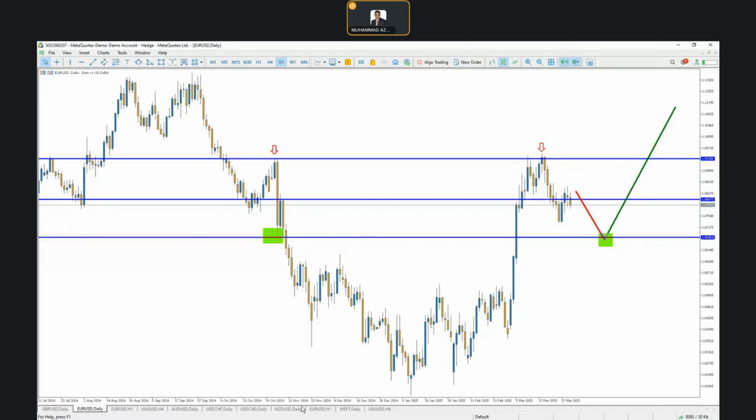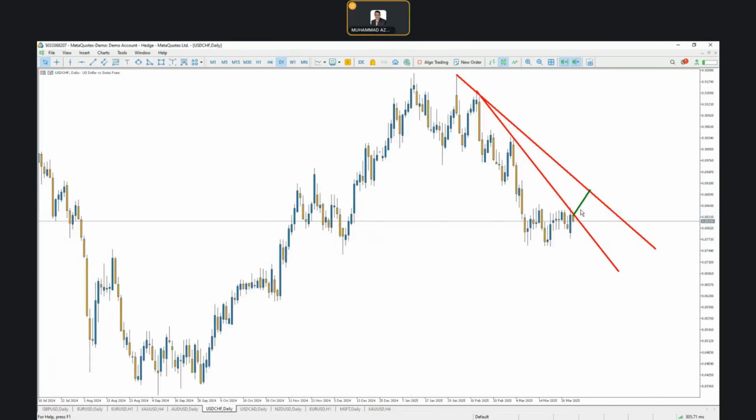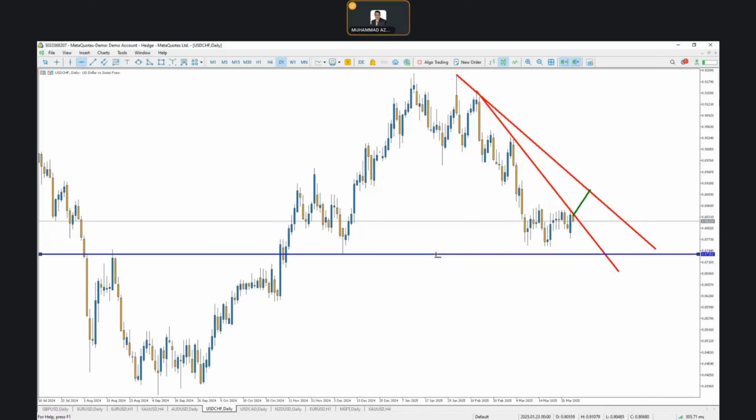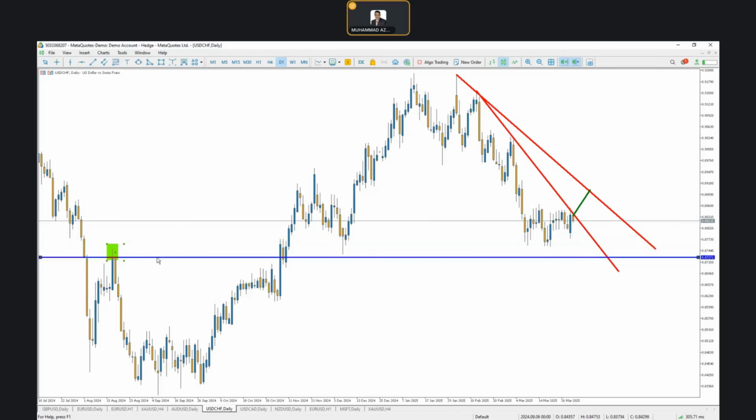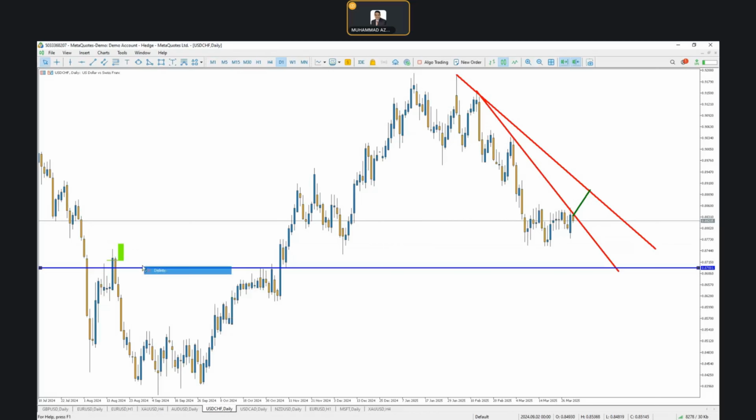Now, if euro dollar is going to drop, the chances are the USD CHF currency pair is going to show us some bullish price action. We do have a support level down over here. Let me show you. We have the support at 0.8735 level, and then if you go back in time, we'll notice that this is the area which basically provided the support.